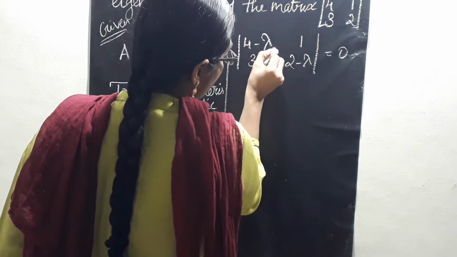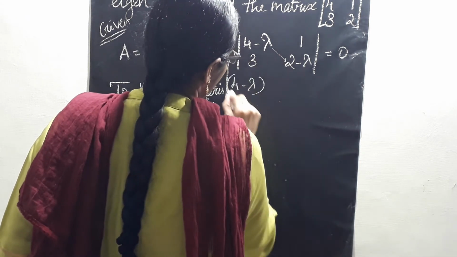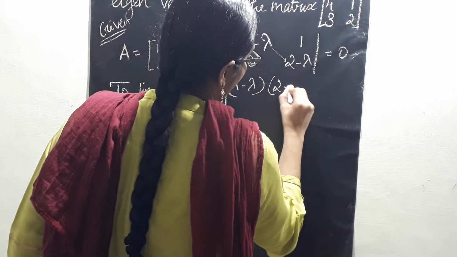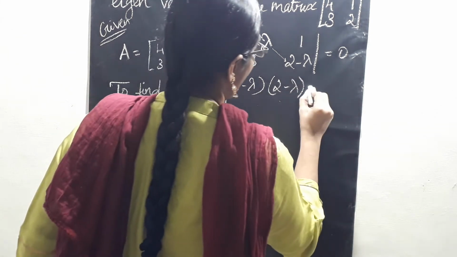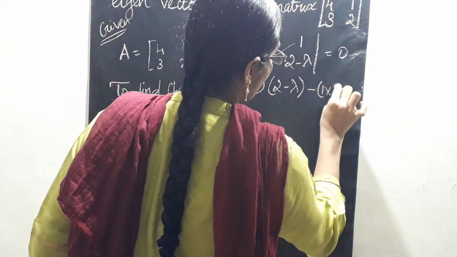So cross multiply: 4 minus lambda into 2 minus lambda, minus of, again cross multiply this, 1 into 3, equal to 0.